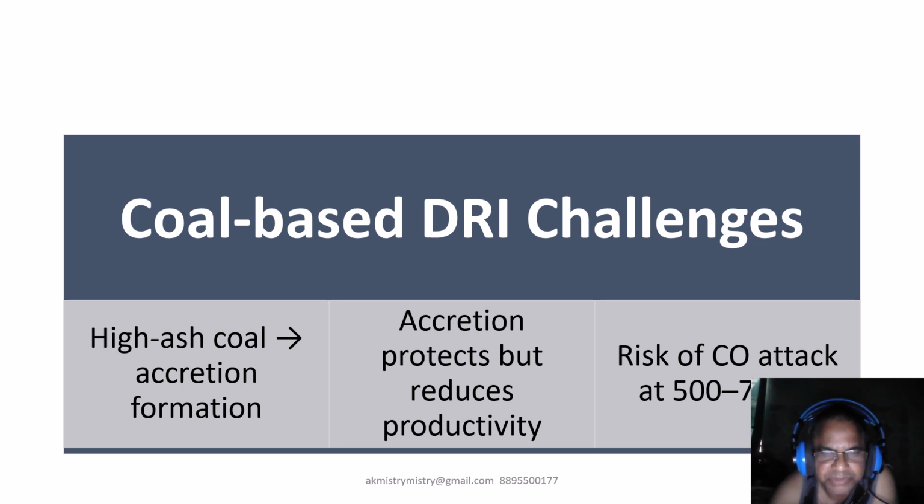These accretions actually protect up to a certain extent, but at the same time there is inferior heat flow inside the kiln. Apart from that, there is also a carbon deposition reaction which disintegrates such accretion, which creates further problems for the kiln.